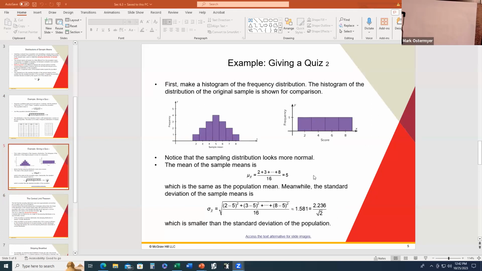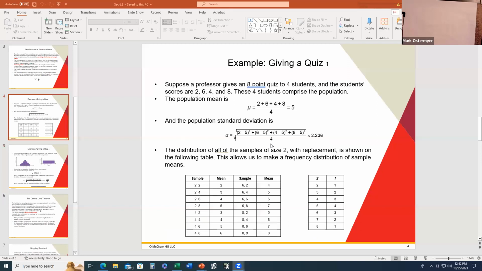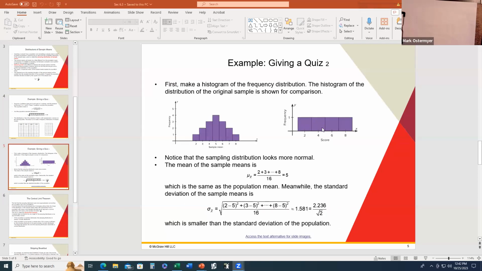All right. Now, notice if we compare the distribution's frequency graph to the graph of the original population having scores of 2, 6, 4, and 8, which each occur one time.